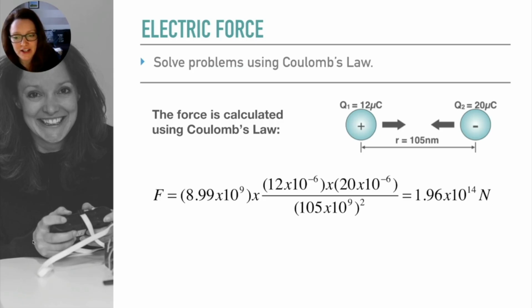So 105 times 10 to the minus 9, squared. Don't forget to square it. And the force comes out at a massive 1.96 times 10 to the 14 newtons. Very simple, popping in the numbers, being careful of the magnitudes, and you come out with an answer.